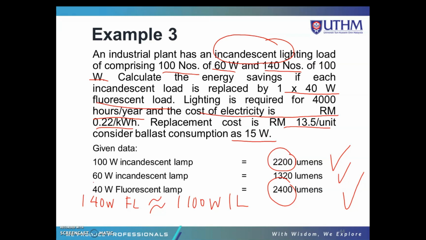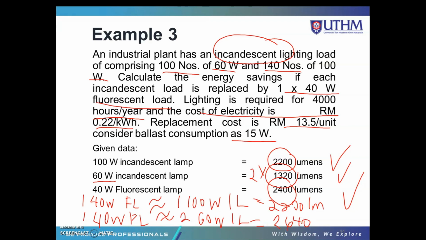But for the 60 watt, the 40 watt fluorescent lamp is equivalent to 2 of the 60 watt incandescent lamps. Because the lumens for a 60 watt incandescent lamp is 1320 lumens only, so you have to times by 2, you get 2640 lumens.